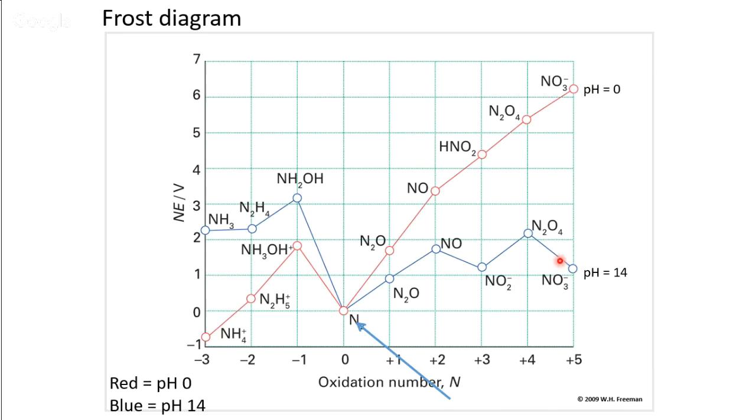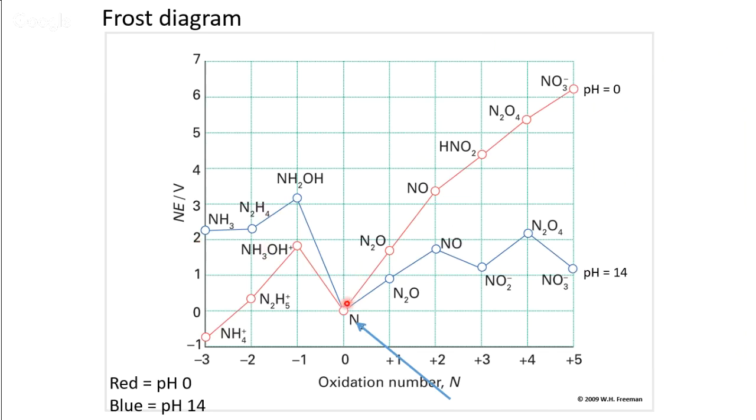And the blue line is a pH of 14, or the basic case. If we look at any one, we have all the different species with different oxidation numbers. So I have nitrogen 0, N2O where nitrogen has a +1, NO where nitrogen has a +2, and so on out here.